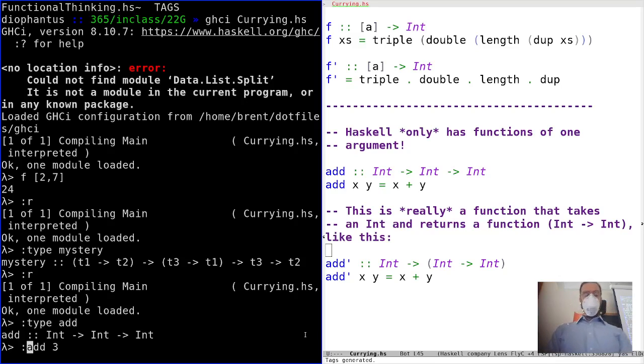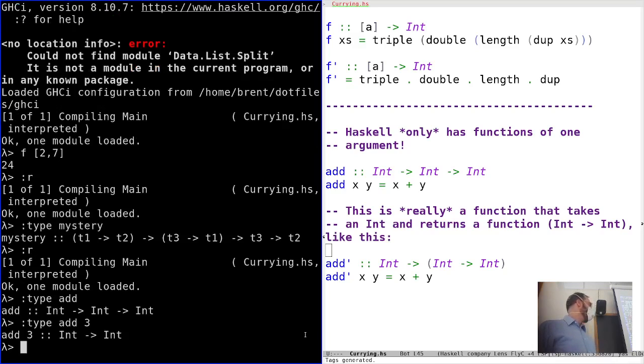So if I ask for what the type of add 3 is, it says, yeah, that's a function from int to int. Okay, what function is it? Well, it's the function that's waiting for one more input, and then it's going to return 3 plus whatever we give it, right? So this is called partial application.